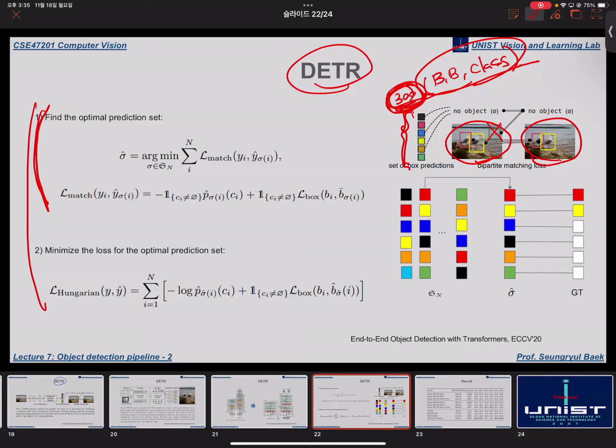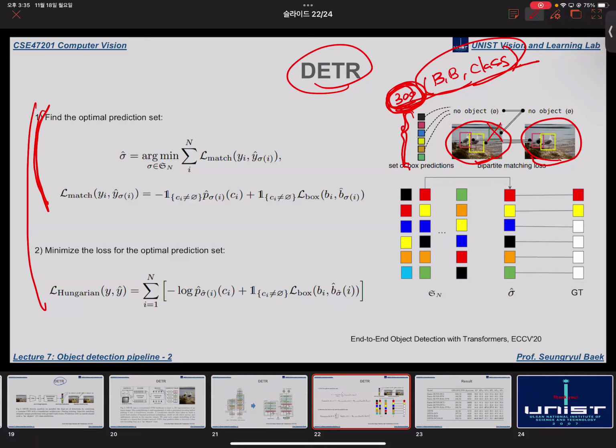If you try to apply these losses directly to your 300 predictions, then things will be very complicated and the training will not converge easily. So you have to first select the best predictions among the whole set, and then apply the actual loss for those selected predictions only.